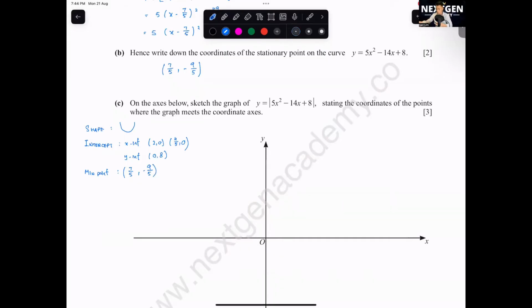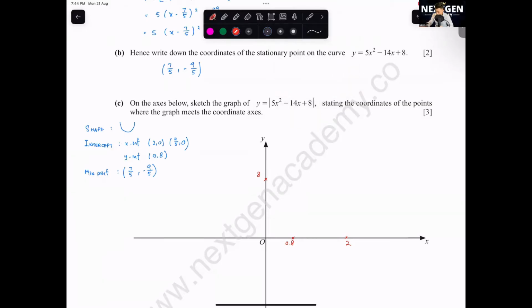What you want to do right now is plot the important points that you have. First, we plot the x-intercept. 4/5, normally I will change it to decimal so it's easier for me to process. So here is 0.8, then 2. Y-intercept, 8. Originally, you don't have to draw this graph, but I'm just teaching you the process.